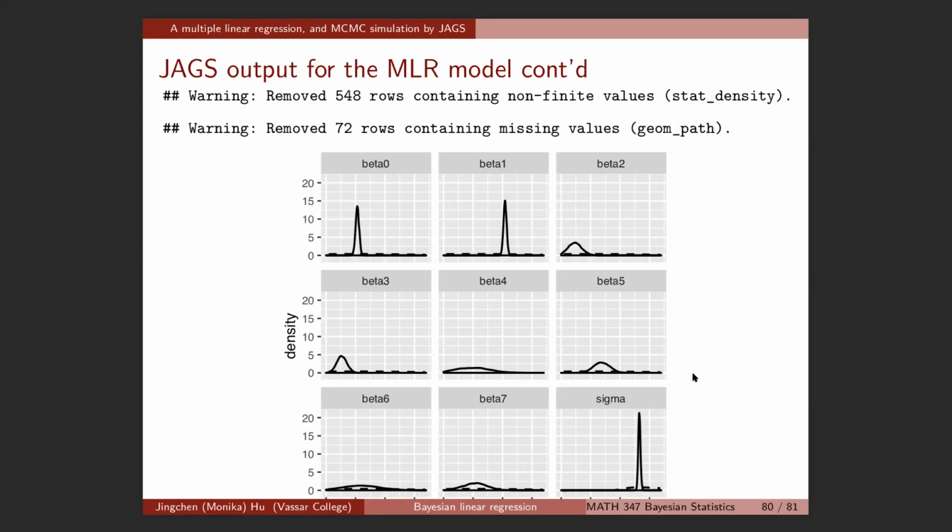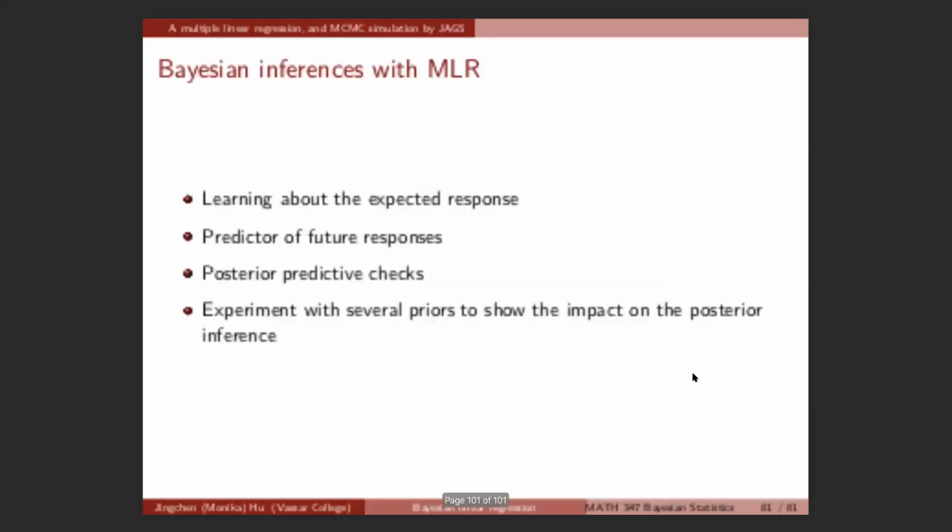Remember, in the past, when we were only working with one parameter, we looked at the prior and the posterior on the same plot and tried to see how they contrast. If you look at the code that I've posted in the markdown file, you will see how you can do it for all of them at the same time on the same graph. This might be helpful overall, especially for beta 0 to beta 7. We use the same normal prior, but you can see how different those posteriors are.